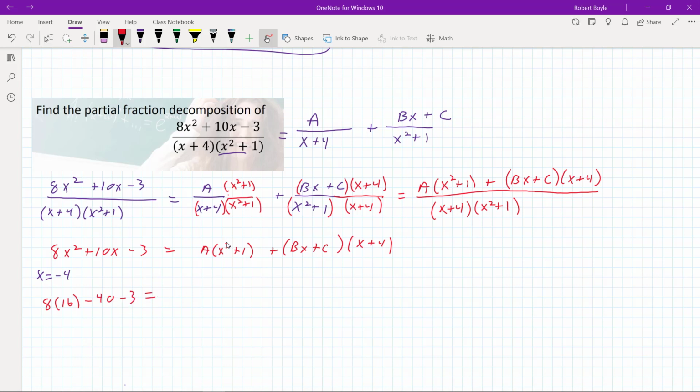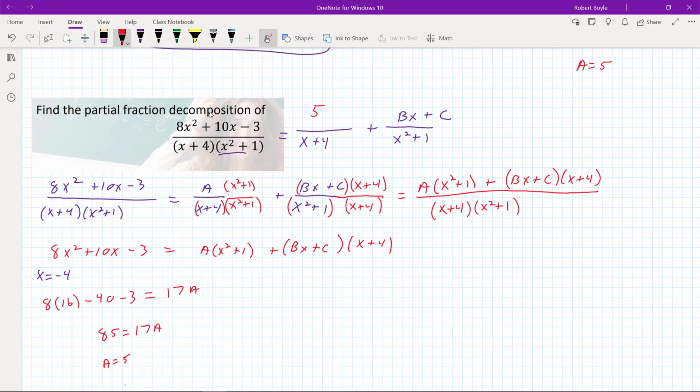That's going to be equal to a times x squared, which is going to be 16 plus 1. This will be 17a. And this will be 0. And then this simplifies to 85, which is going to be equal to 17a. Dividing both sides by 17, you have that a is equal to 5.